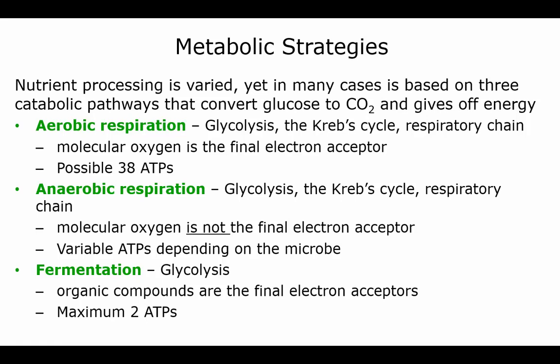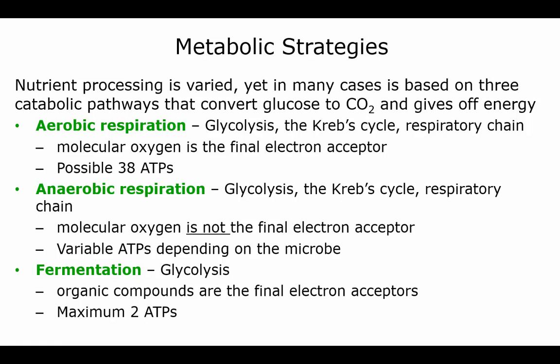The first option that microbes have is the same option that we have, which is aerobic respiration. Aerobic means that it requires oxygen. For aerobic respiration, you'll notice it's those three pathways we just listed: glycolysis, then the Krebs cycle, then the respiratory or electron transport chain.